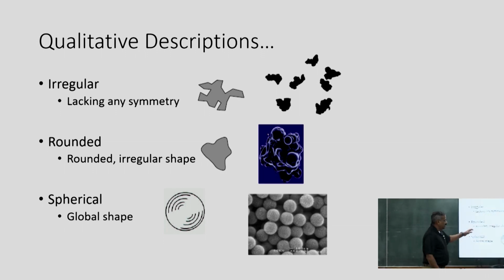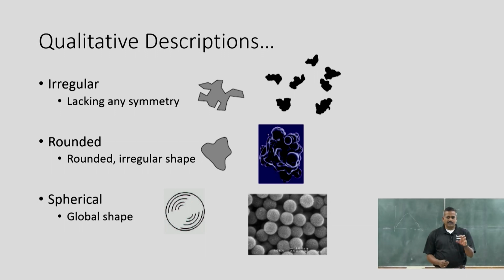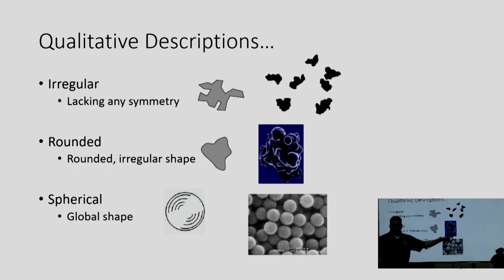Rounded and irregular shape: for example, you might remember a picture of a wheat flour particle, right? That had some starch and protein glued together. So that makes it more rounded, but it's highly irregular in shape.